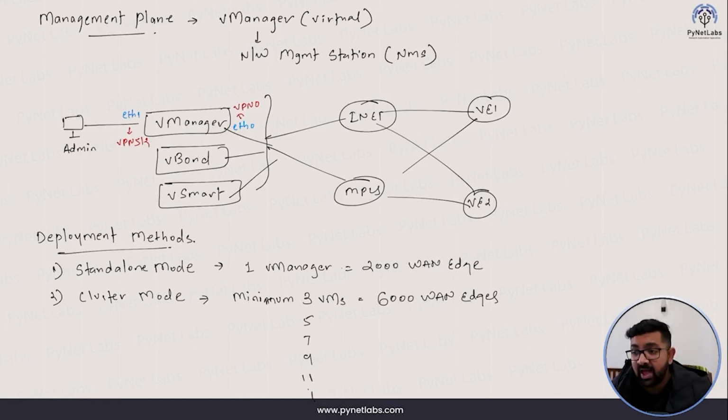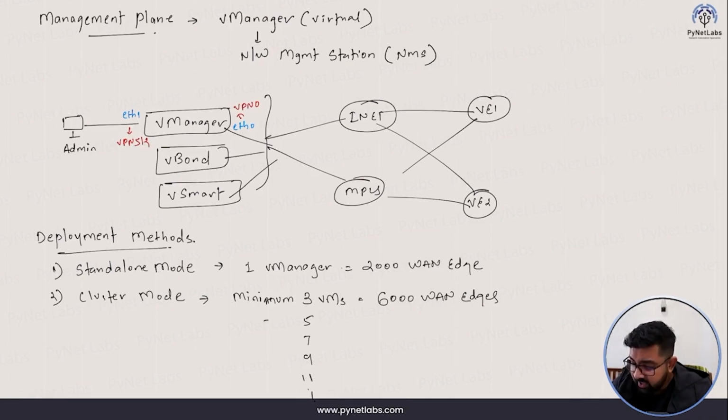Okay, I've seen a production environment with 11 vManagers deployed, geographically dispersed across various regions, also making high availability possible, on-prem and on-cloud combinations, which was managing around, I think, 20,000 devices or so. That was the scenario over there.